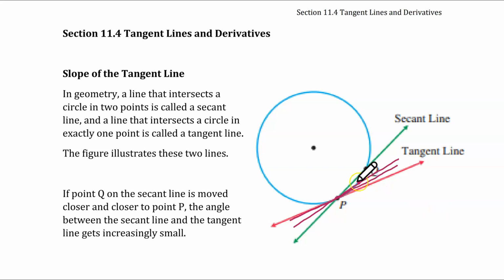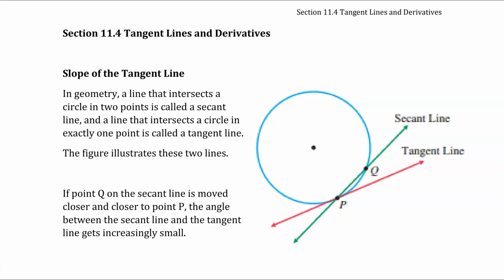Notice that if I move even closer to P, the angle between the secant line and the tangent line gets increasingly small. It will decrease to the point that the two lines become really close to each other.